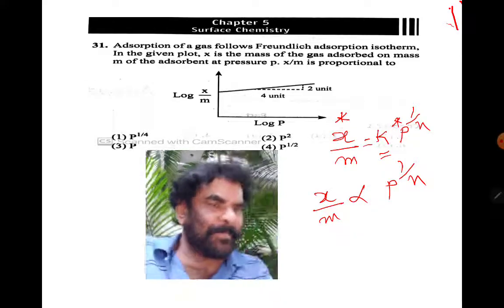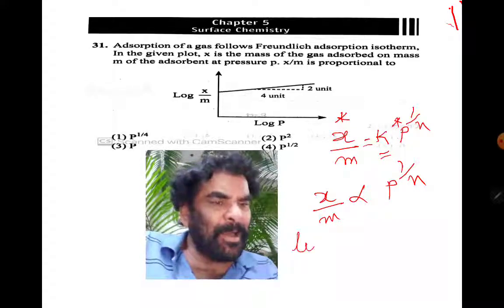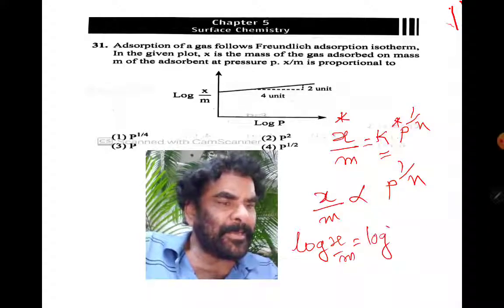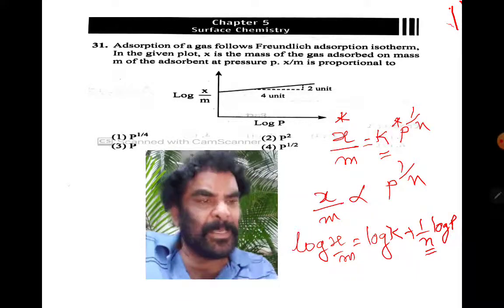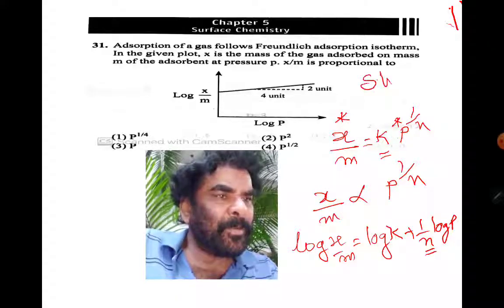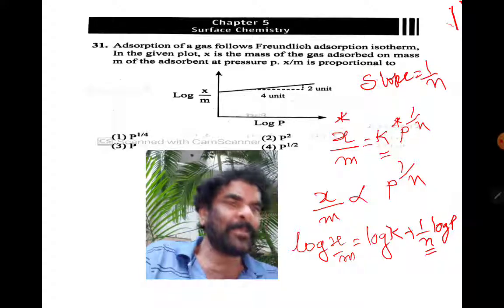Now log x by m is equal to log k plus 1 by n log p. Here the slope is nothing but the 1 by n part.